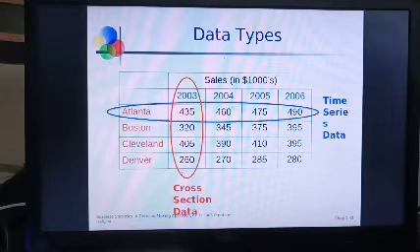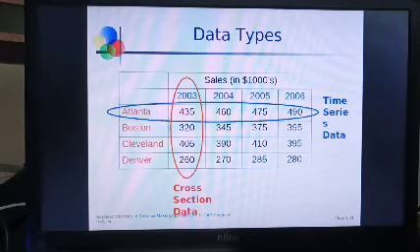For 2003, the data for all the states, for a particular time. That's a cross-section data. Whereas a time series data follows a series of time.